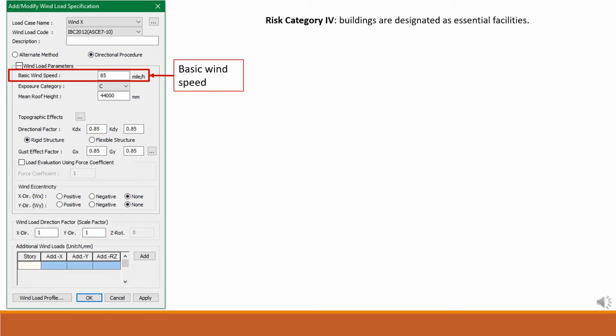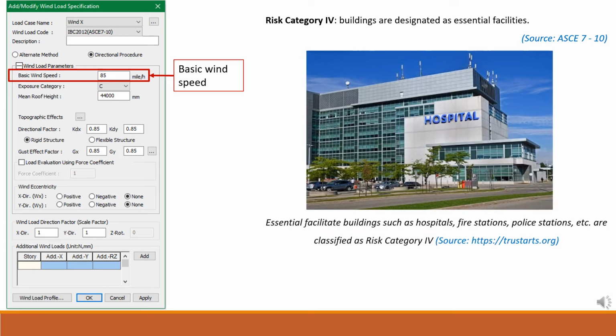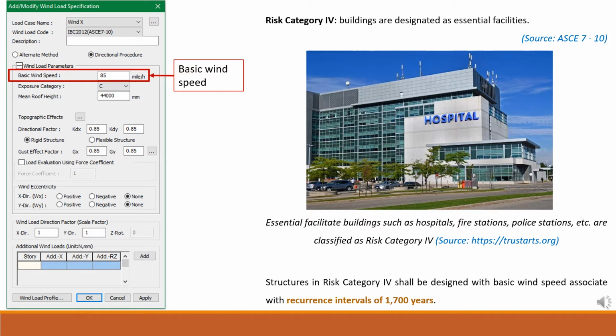Risk Category 4 – Buildings are designated as essential facilities. Structures in Risk Category 4 shall be designed with basic wind speed associated with a recurrence interval of 1700 years.